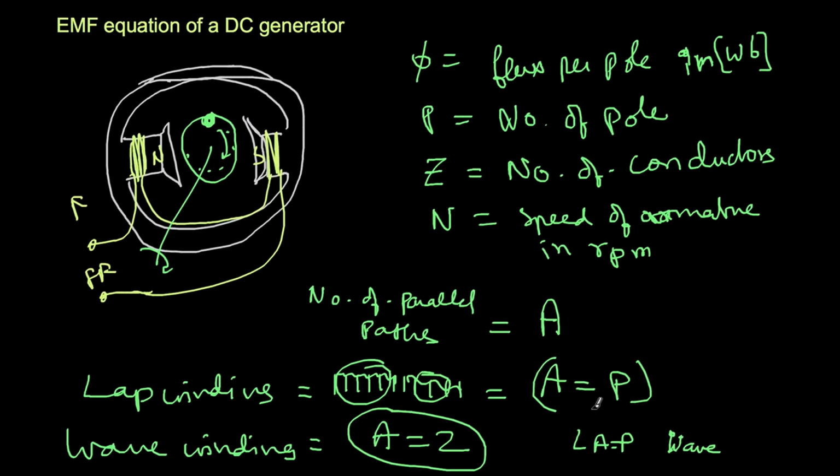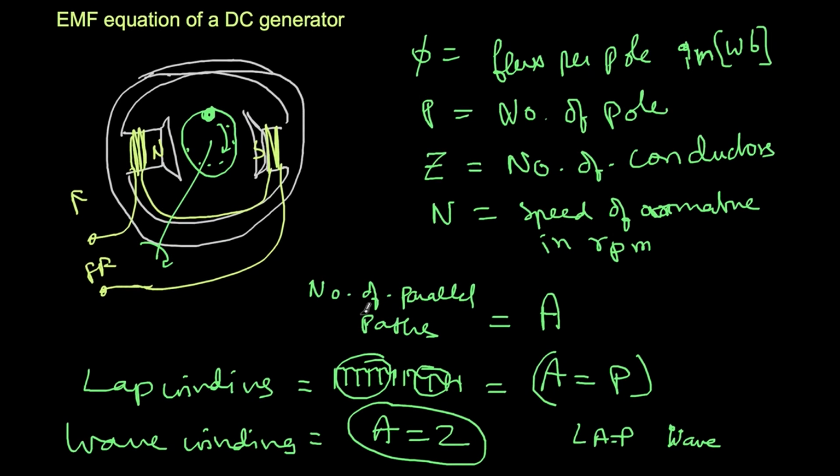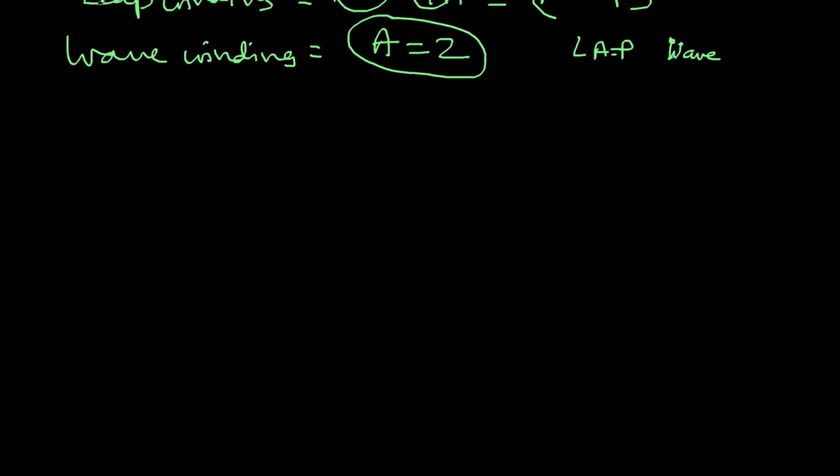Okay, so let's go back to deriving the EMF equation. So what you do is, look at this conductor. This conductor is making 1 revolution. Under 1 revolution, how much flux will it cut? So EMF induced, as you know, from Faraday's law, is d phi by dt, the rate of change of flux linkages.